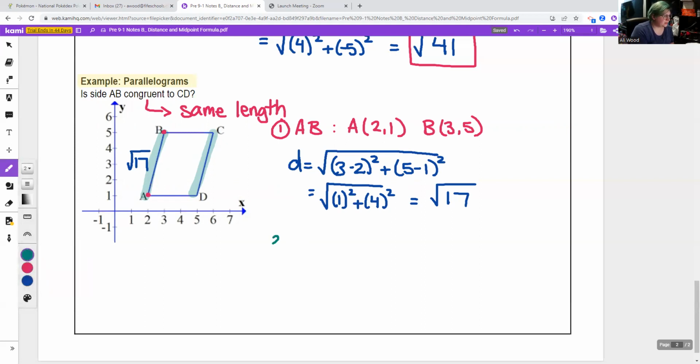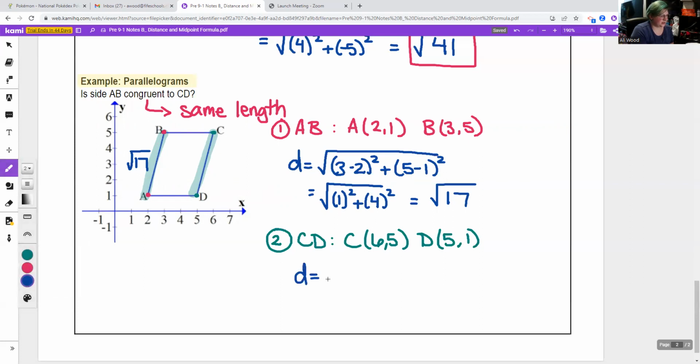We're now going to find the length of CD. So again, we need the 2 points, C and D. So C is at 6, 5, yep. And D is at 5, 1.